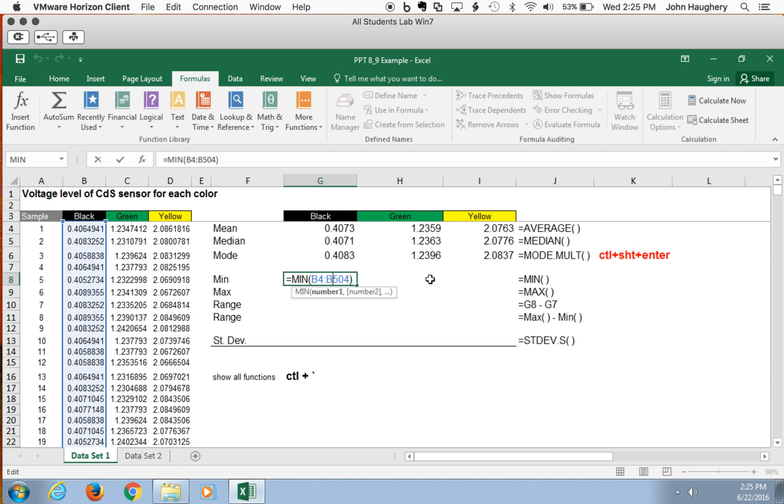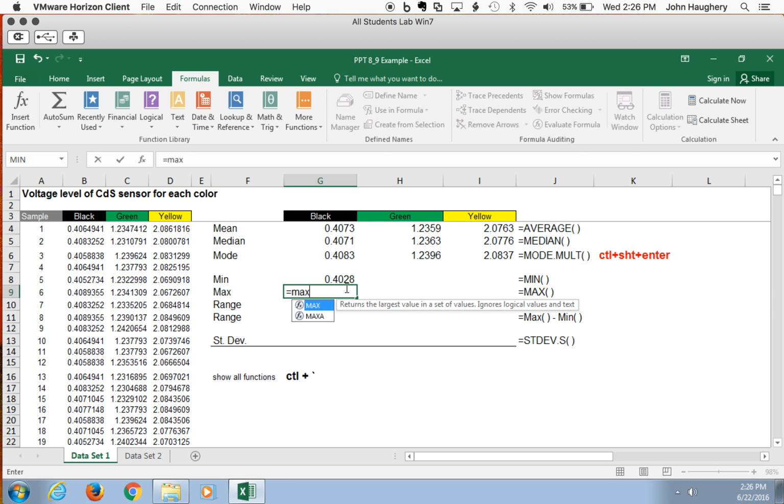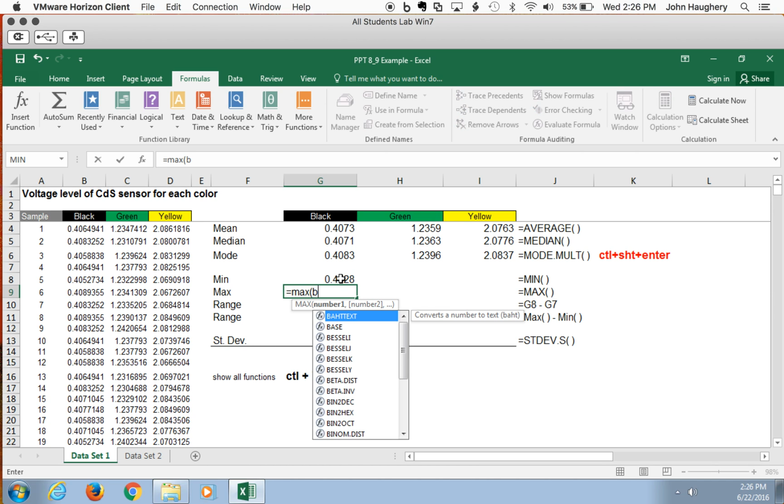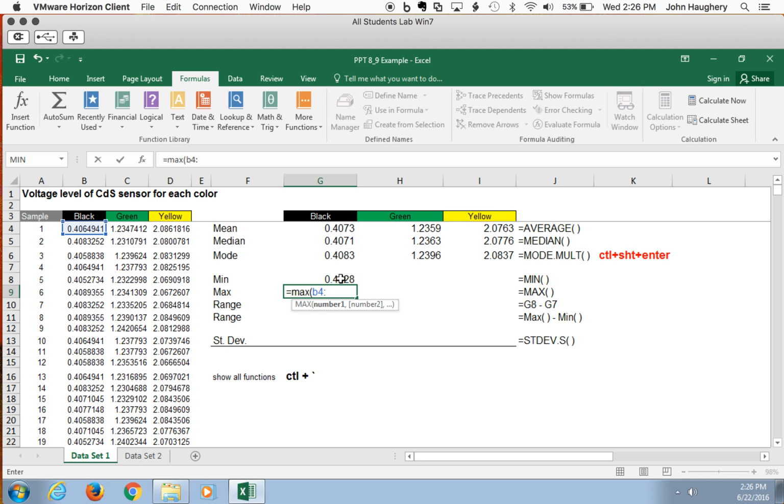And so actually it went to 503. So I can just do that. And then, of course, my max equals max, for B4 colon B503. Okay, so there's my min and my max.